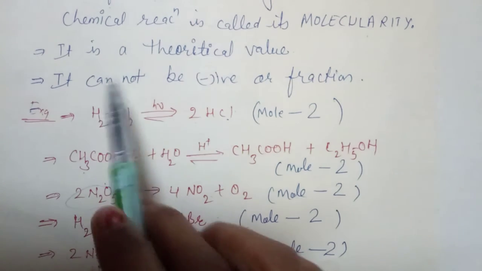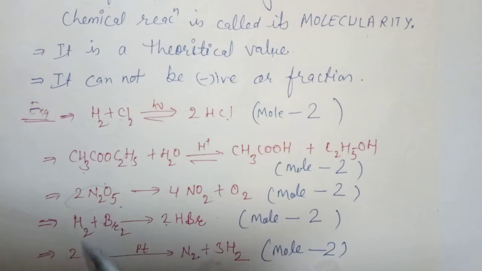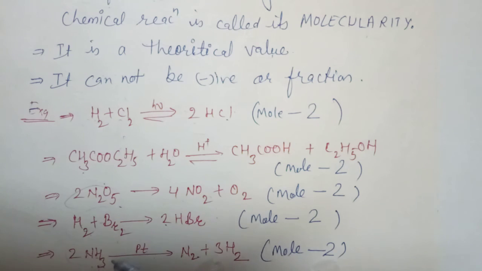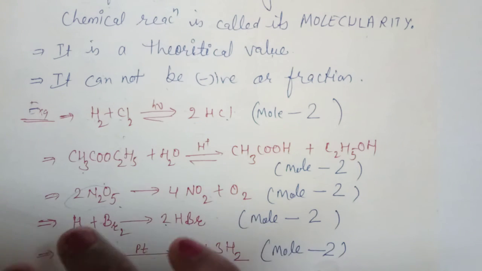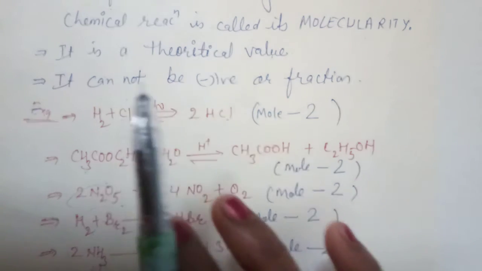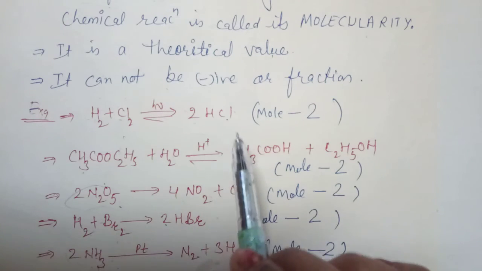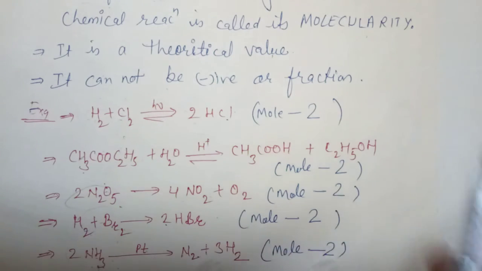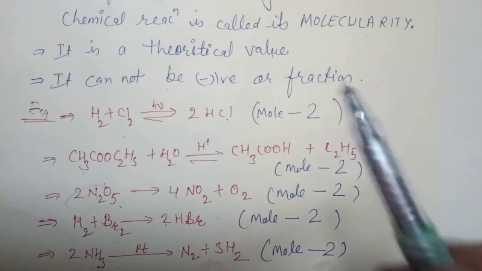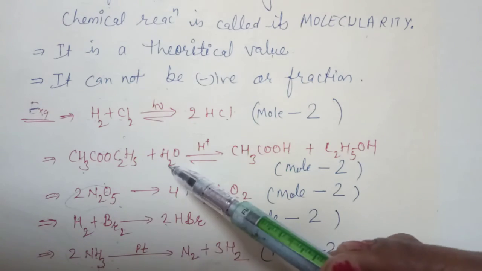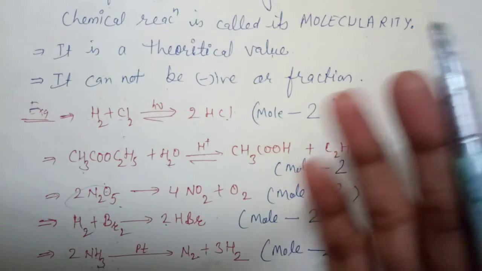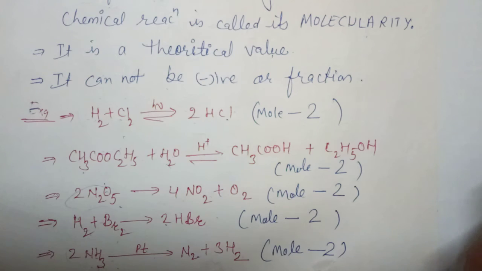Thus it is a theoretical value and can be obtained from the balanced chemical reaction. It cannot be negative or a fraction, because in a balanced reaction there is nothing negative. It also cannot be 0. 0 means there is no reactant. If there is no reactant, how will the reaction take place?